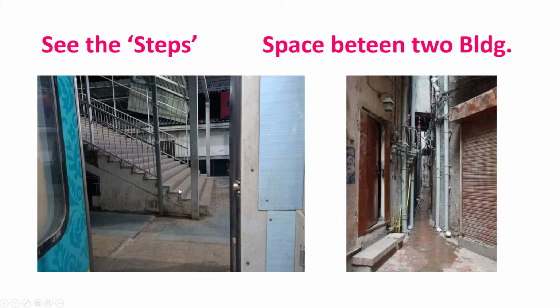Initially he might have started on the right course, but subsequently there was some problem, and as you can see, these risers are not properly constructed, possibly because he needs to have that much tread. Suppose 300 is required, so that 300 he wants to adjust, and possibly the layout was not done properly, and you land into such a problem.